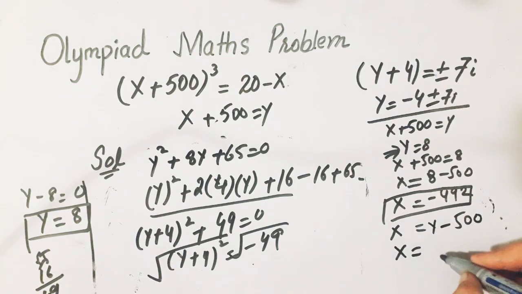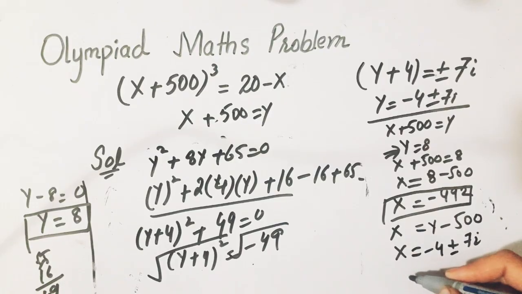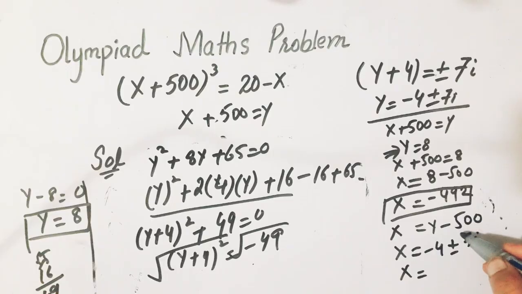The value of y is minus 4 plus minus 7i. So minus 500, this will become minus 504 plus minus 7i.